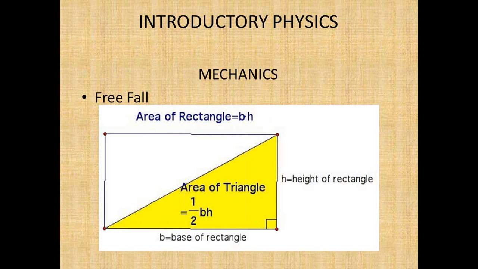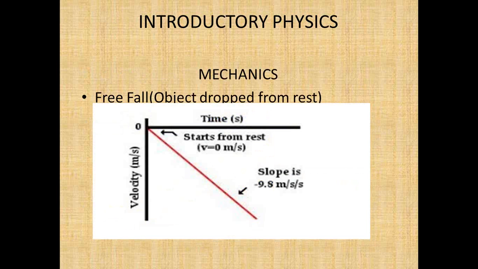So when you see your equation for free fall, distance is equal to half, or 0.5, times g times time squared, you know how that came about, how to derive it. Again, for an object that is dropped from rest, at time 0 velocity is 0, and then the velocity gradually increases.